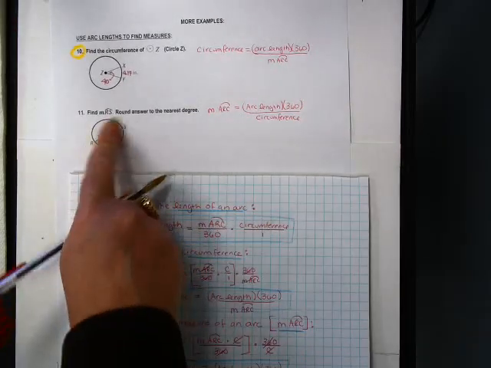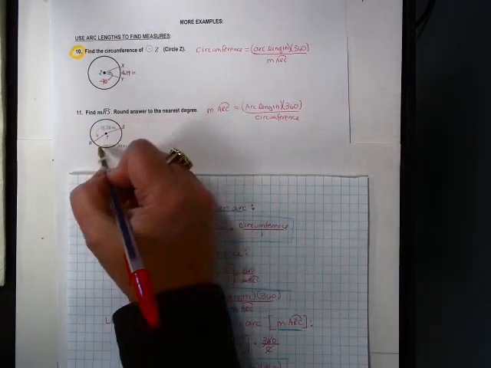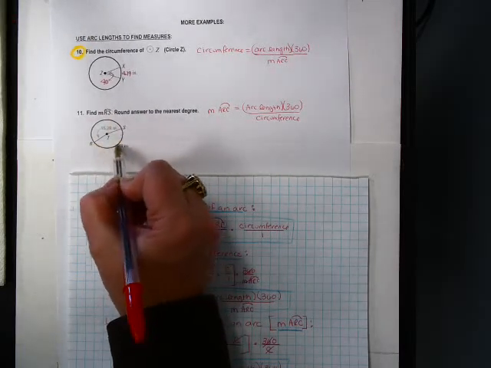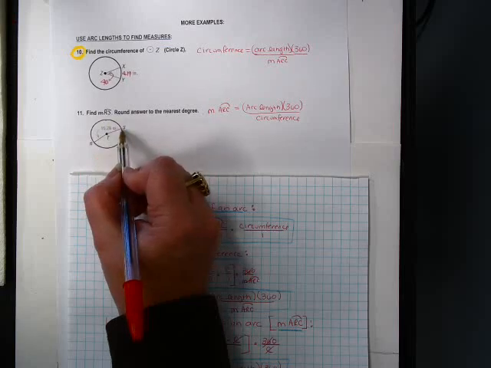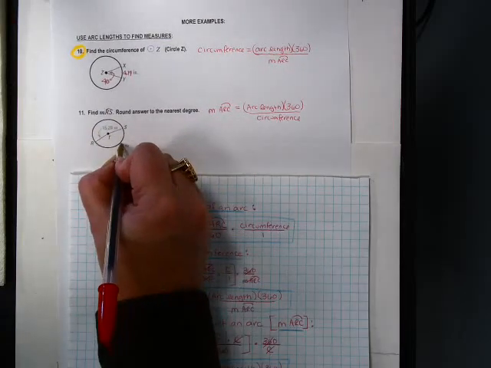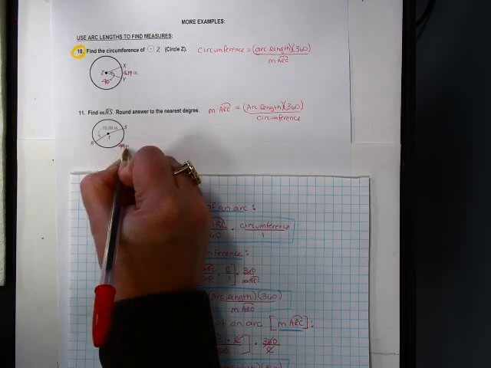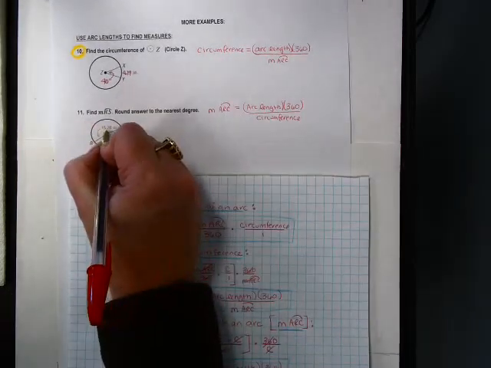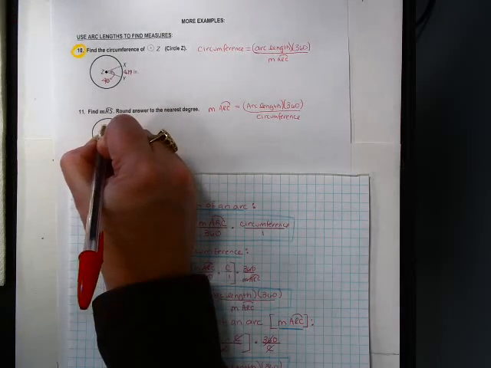Okay, this time, take a look at what you're given. You're told that RS, and we're looking at this minor arc RS because it just has 2 letters, so we're not looking at this one because there's not another letter. So that's going to be 44 meters. And then here, you've got 15.28 meters.